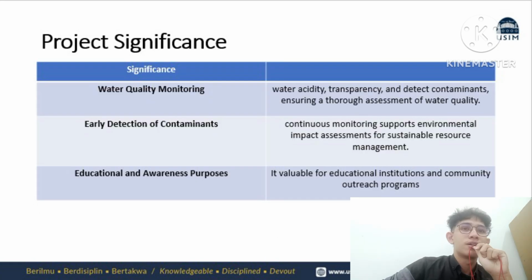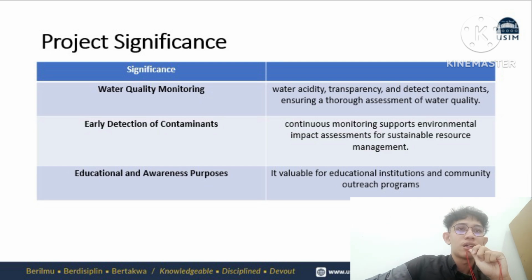With that being said, the project significance of my water quality monitoring system is basically to check the water quality, including water acidity and transparency, and also detect contamination, ensuring a thorough assessment of water quality. It also provides early detection of contaminants, with continuous monitoring for environmental impact assessment and sustainable resource management.